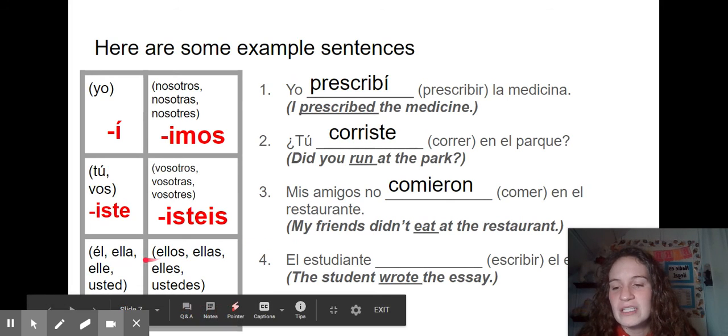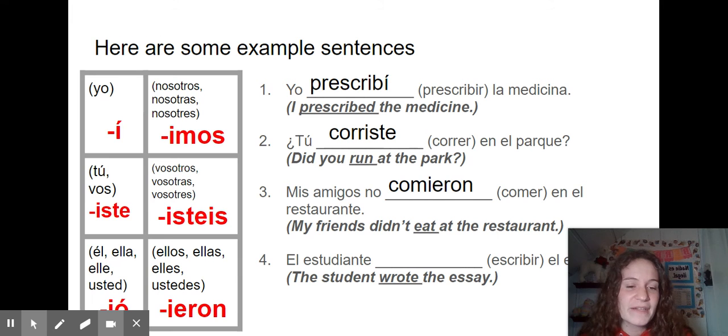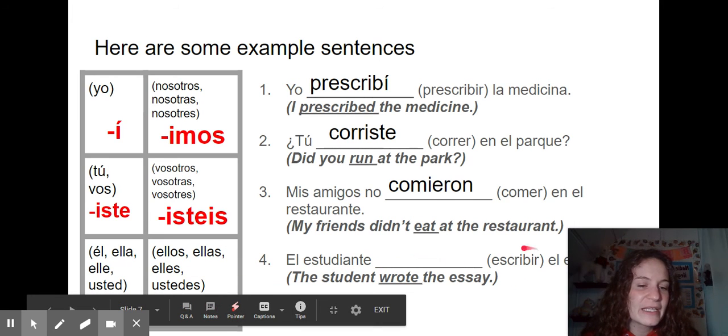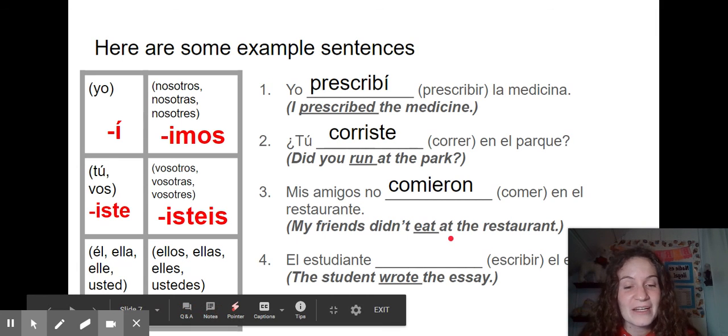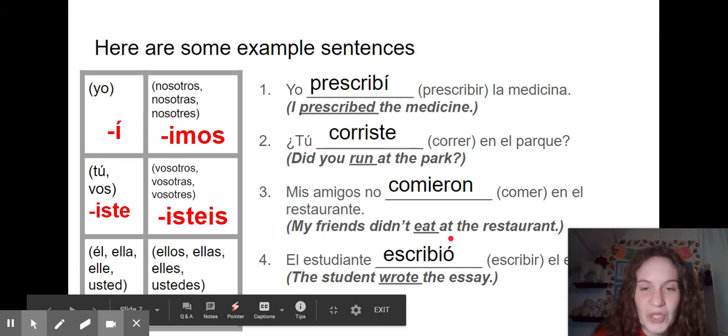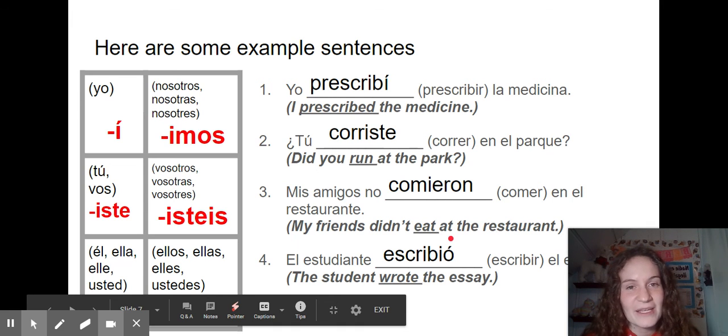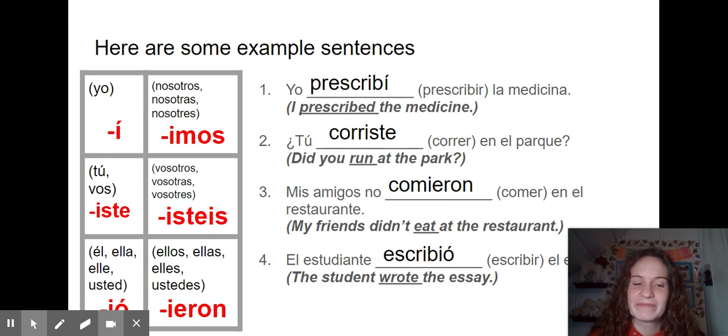So I am going to use my ió with an accent mark ending over there. And my verb, escribir, ends in an IR. So I need to take off the IR and add my ió accent mark ending. So I have escribió. And that is my verb. El estudiante escribió el ensayo. The student wrote the essay.